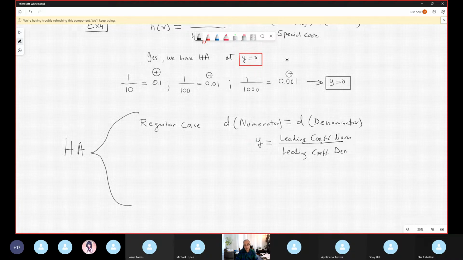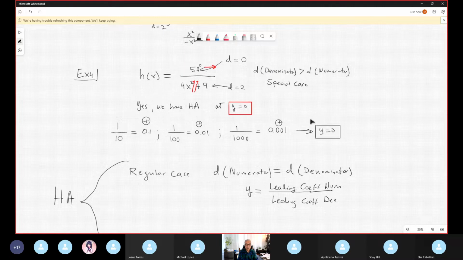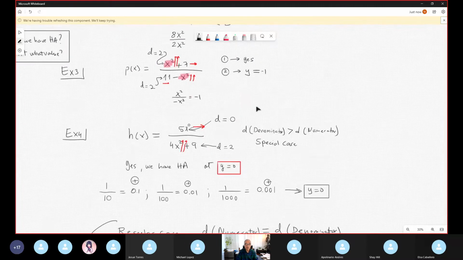Please be careful: you need to express it in descending order of the degree. Because I put it intentionally, in this case, 11 minus x squared. It's not organized. You put minus x squared plus 11. Now the coefficients are negative 1.